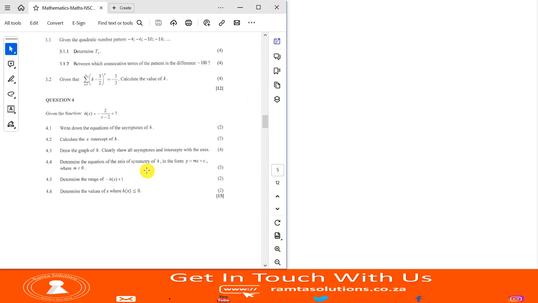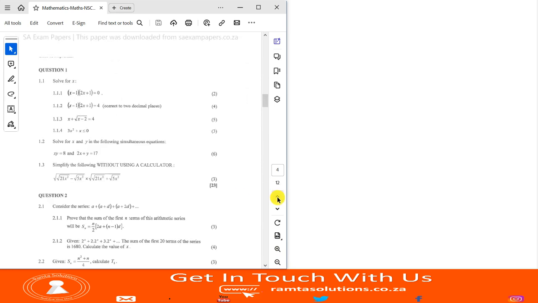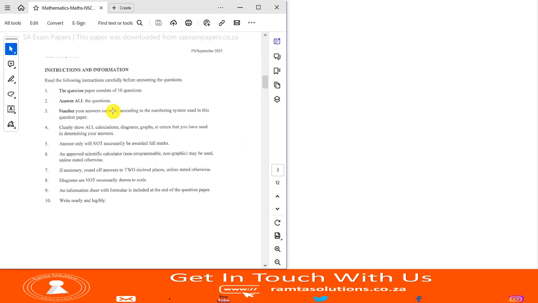So functions are beginning at question 4, and before we go any further, let me remind you of these instructions. All of them are important. Clearly show all calculations, diagrams, graphs, etc. that you have used in determining your answers. Instruction number 5: answers only will not necessarily be awarded full marks.